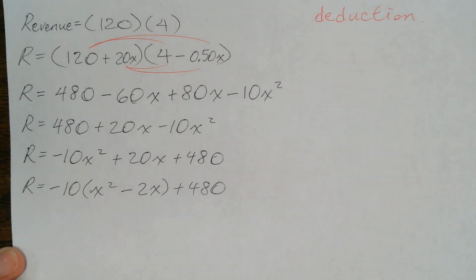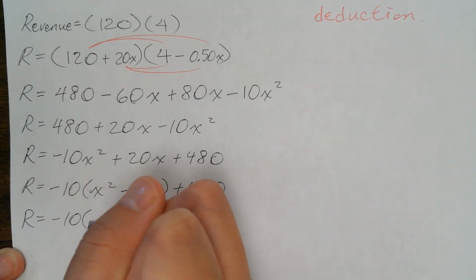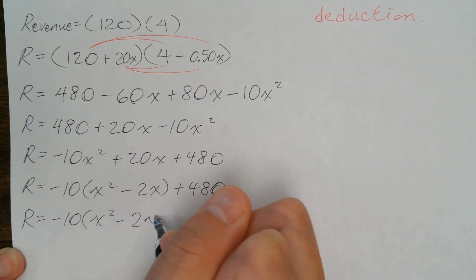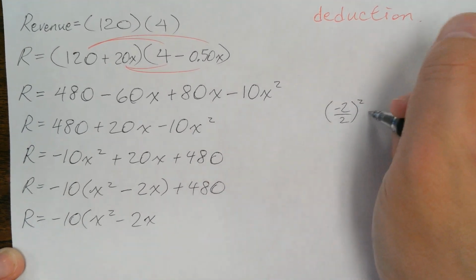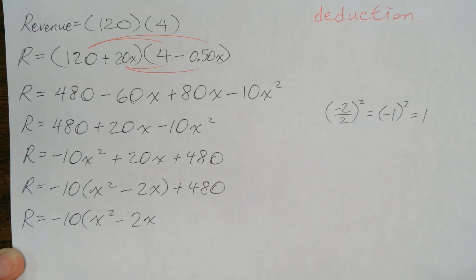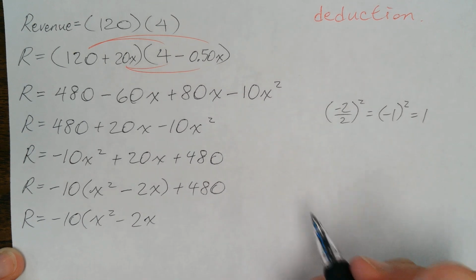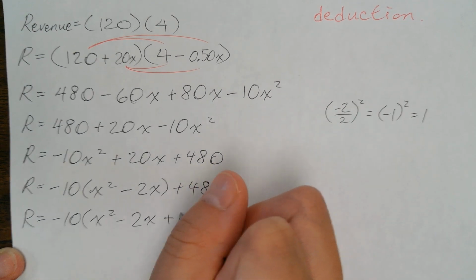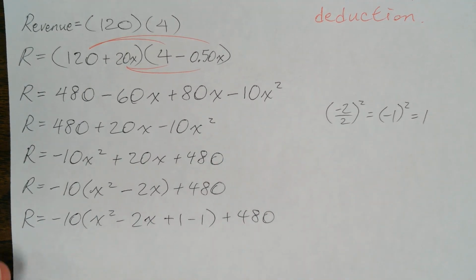Okay, and then I'm going to take half of b. So again, negative 2 divided by 2, squared, negative 1 squared. So it's 1. What are the odds? Both examples are just 1. So you have plus 1, minus 1, and then plus 480.